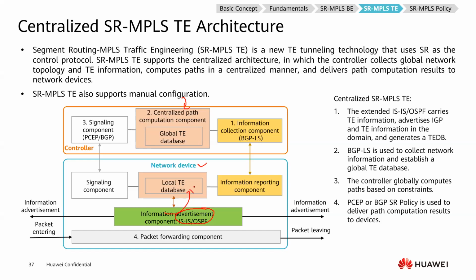And this TE database is sent into the controller using BGP-LS, this protocol. The controller does the calculation and tells the devices what to do: what your segment list should look like if you want to go to a certain network point. Okay, then you can do the forwarding.